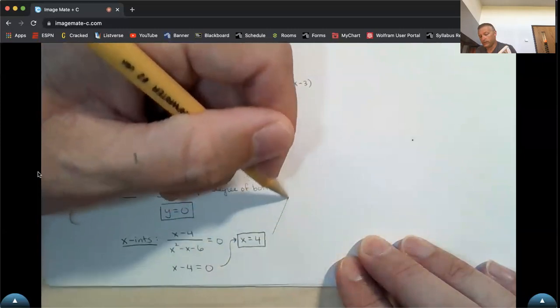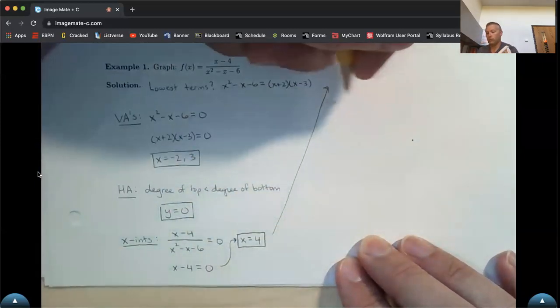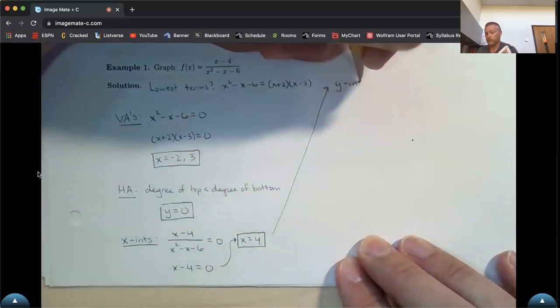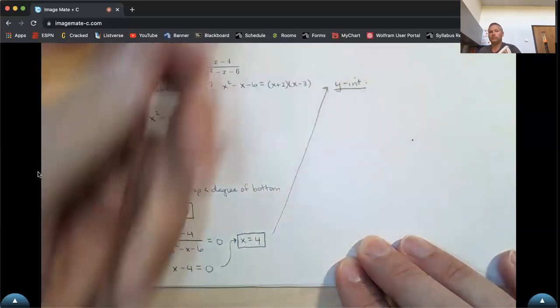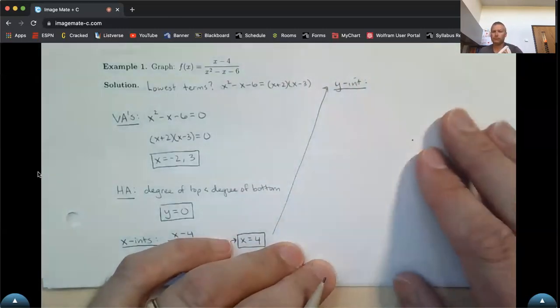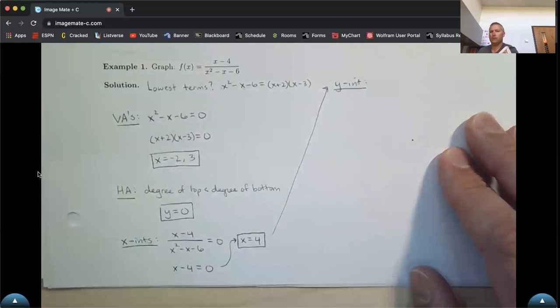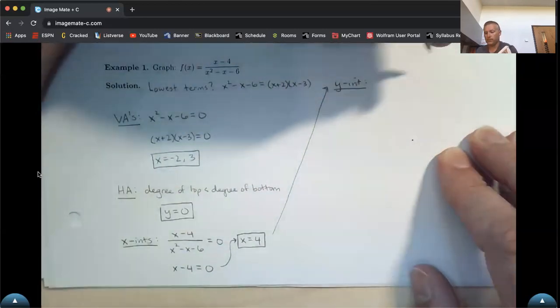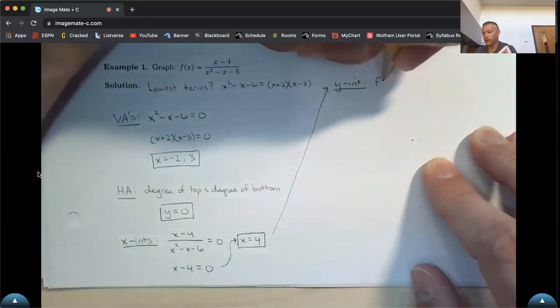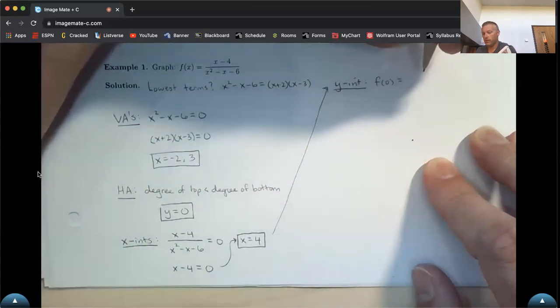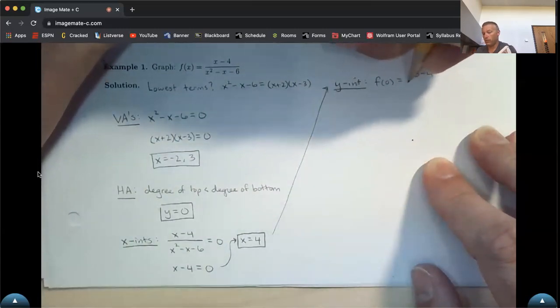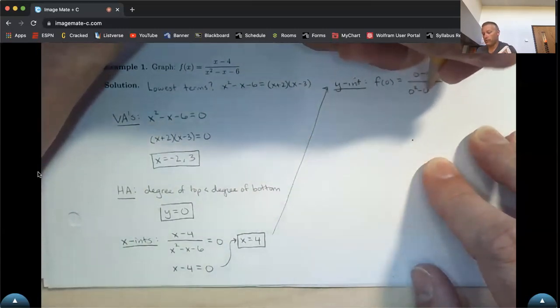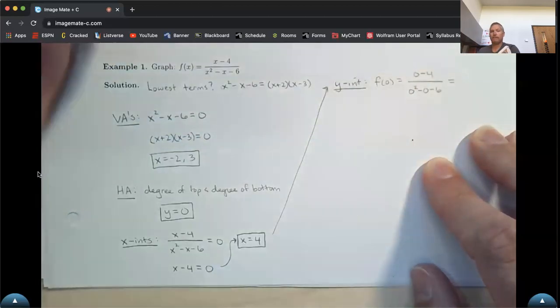All right, so next we will look for a y-intercept. Okay, so for our y-intercept, we just let x be 0. So this would be f of 0. That's 0 minus 4 over 0 squared minus 0 minus 6.